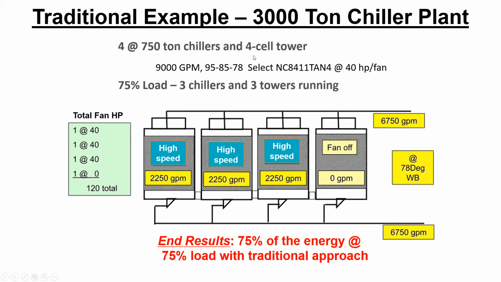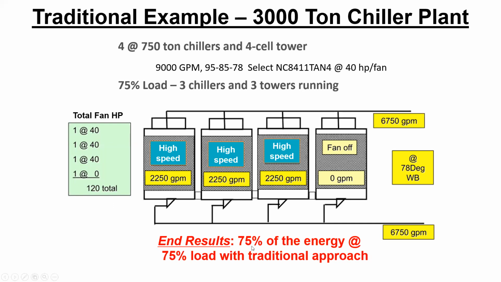So if I use 75% of the load, let's assume 3 chillers are working at the same time and 1 chiller is off. In the old way, 3 chillers mean let's turn off one of the towers and turn on the other 3 towers, so this way we service our chillers. So 3 fans, each 40 horsepower, 1 is off, so the total is 120 horsepower energy use.